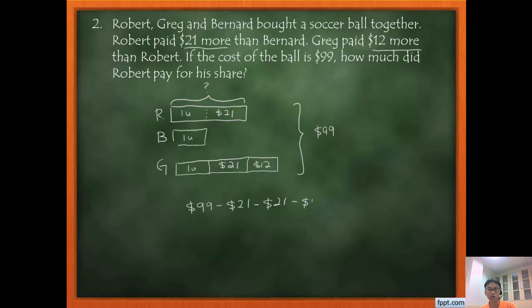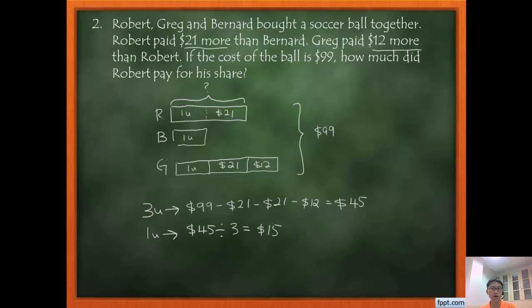Minus off the 12, and when you work it out, that will give you $45. So this $45 is how many units? That's right, 3 units. So if 3 units is $45, 1 unit is 45 divided by 3, which is 15.